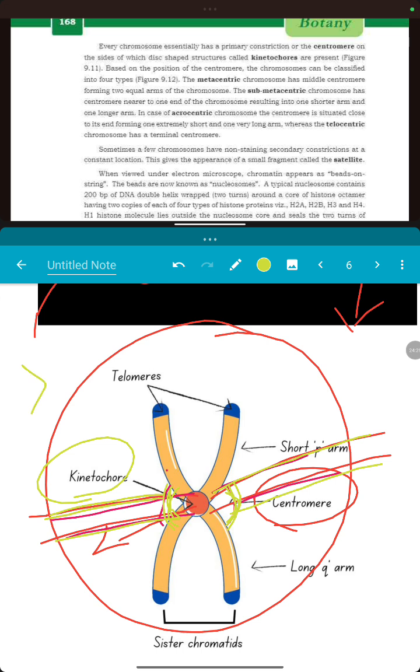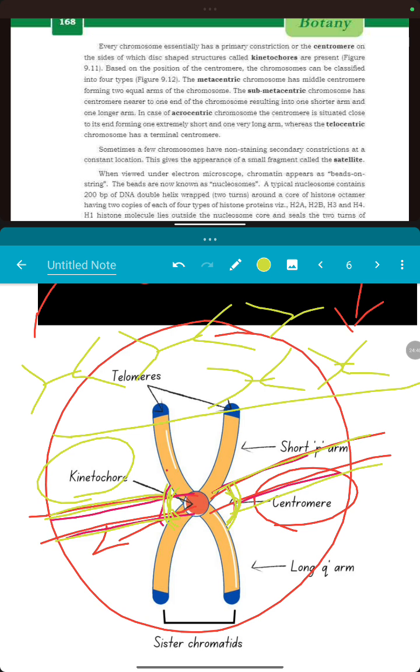What is protein? Proteins are groups of amino acids. So microtubules will attach to the kinetochore. Here at the centromere, the DNA is tightly packed.